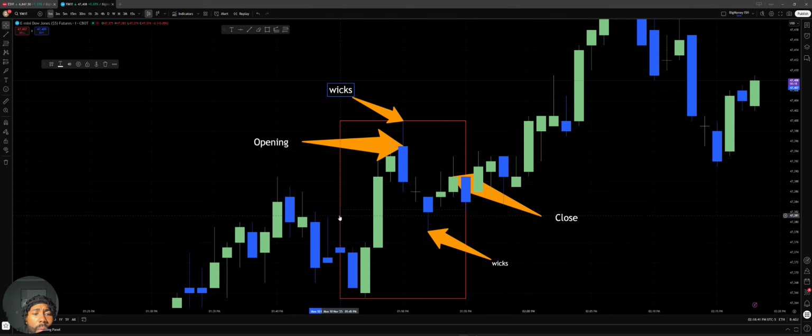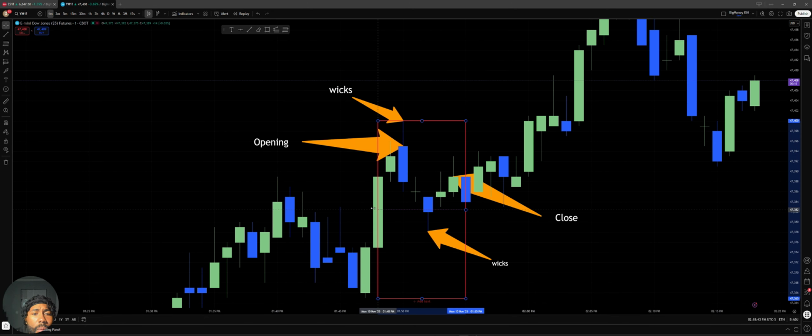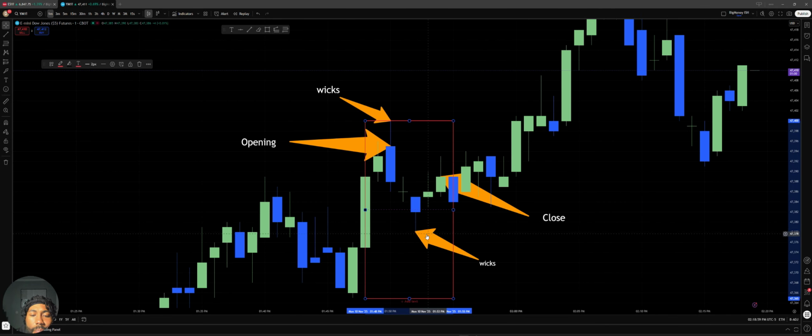Now, from 1:50, price started here, went up, then came down because of selling pressure, all the way down here. Some buyers came in and pushed price back up. So we got that wick, but we ended up closing during that time frame here.